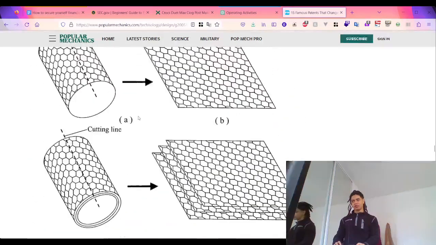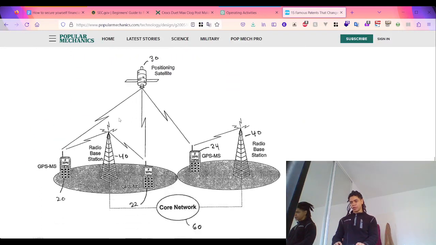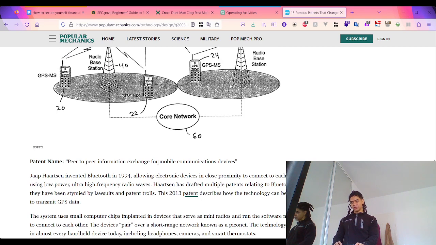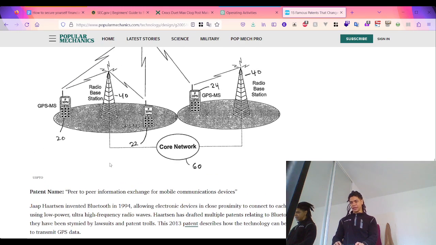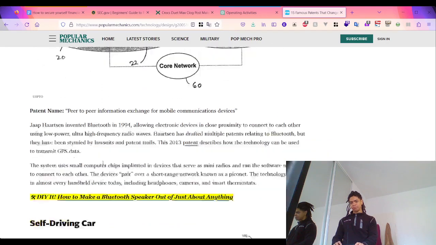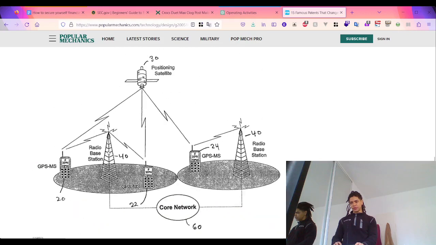The graphene patent is also there, as well as Bluetooth, for peer-to-peer information exchange for mobile communication devices. This is also interesting.